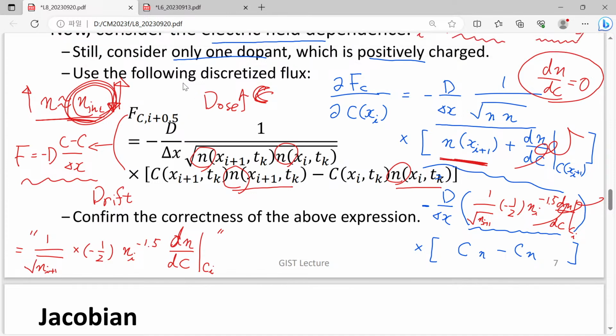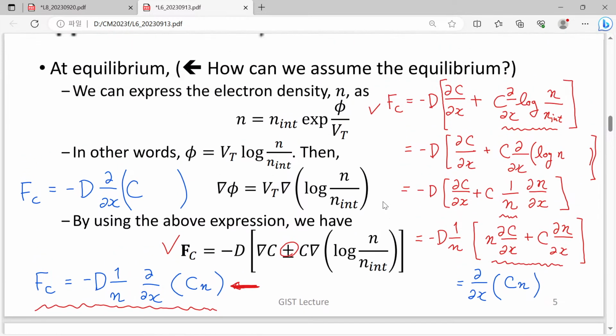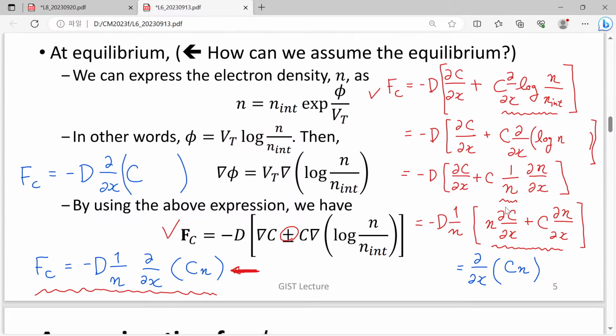So if we go to here, then we can find that the driving force of our drift term can be written in just this way. The partial derivative, or position-wise gradient, of electron density is required to accelerate our carrier, also our dopant ions.